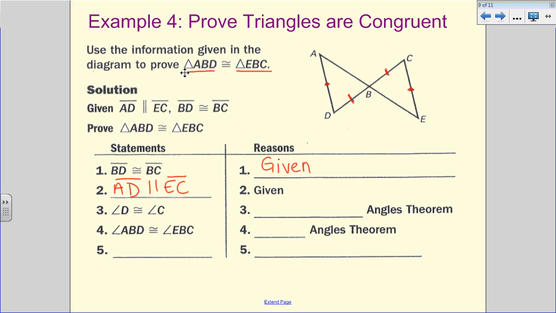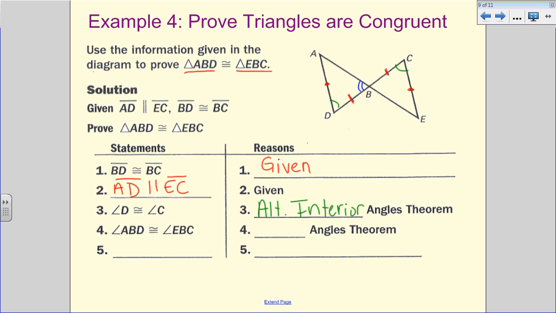So if we look, they tell us that angle D is congruent to angle C. We know that those alternate interior angles would be congruent. So how did I know that angle D was congruent to angle C? That was my alternate interior angles theorem.